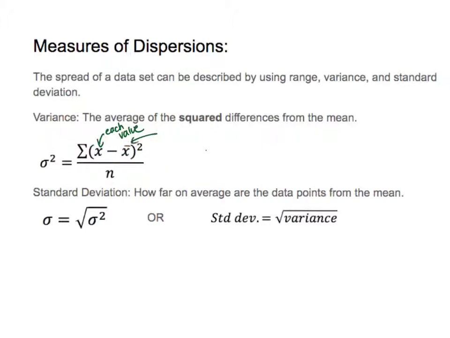Anytime you see a line above the x, that represents the mean. So what is this saying? It's saying that I'm going to take a value on my list and subtract the mean, because that allows me to find the distance between one data point and the mean. And then afterwards, you want to square it. I'll explain later why we square it.